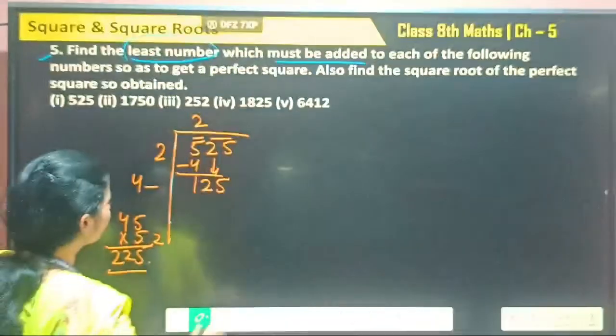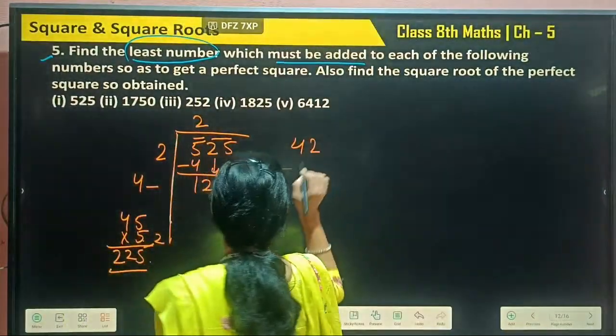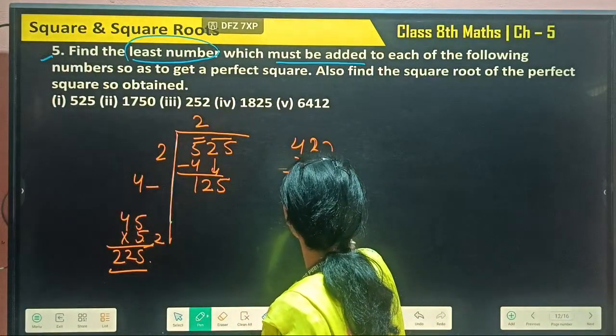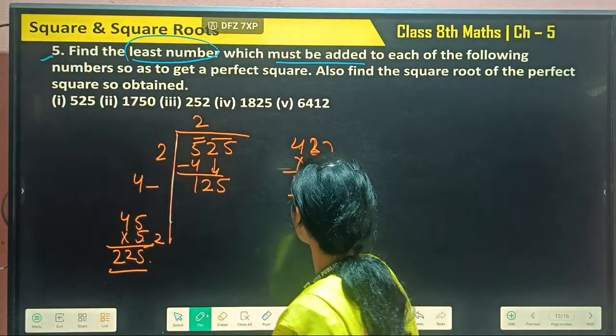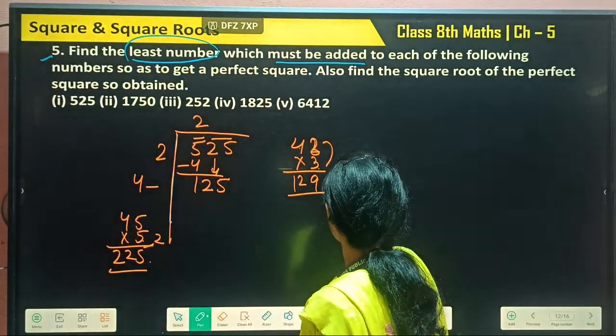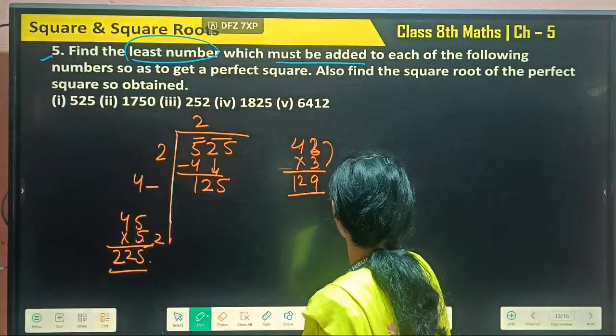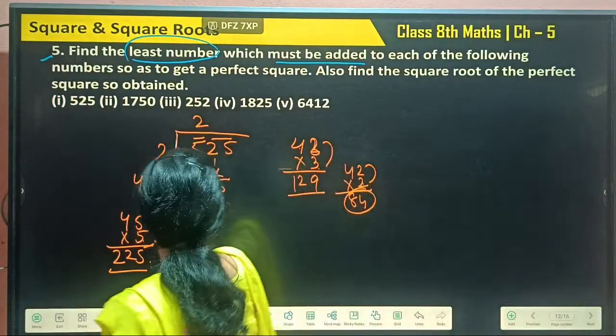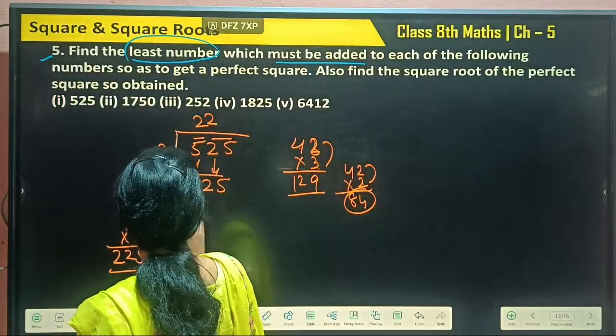It is more. Check with 3. 3 3s are 9, 3 4s are 12, this 129 is more than 125. So let us check with 2. 2 2s are 4, 2 4s are 8, 84. Right? 2 and there also 2.